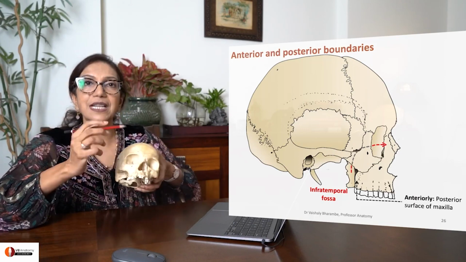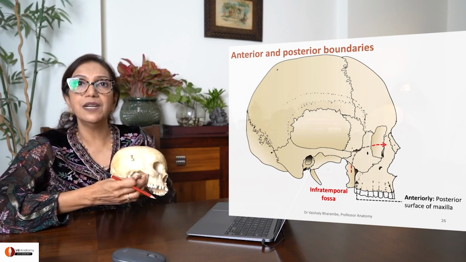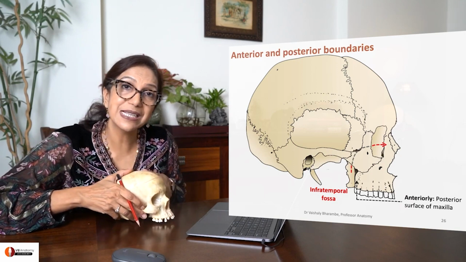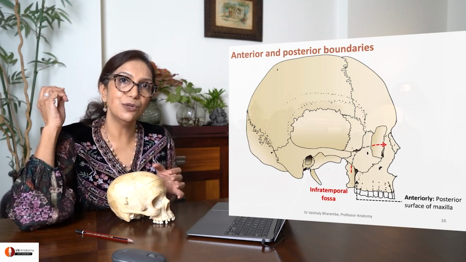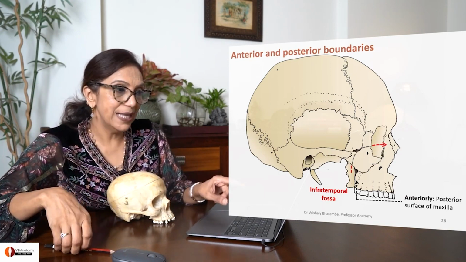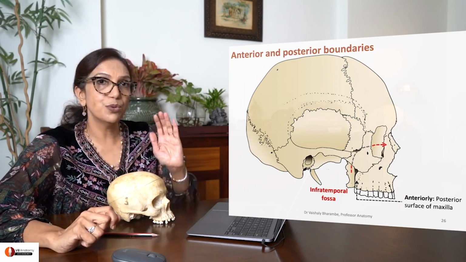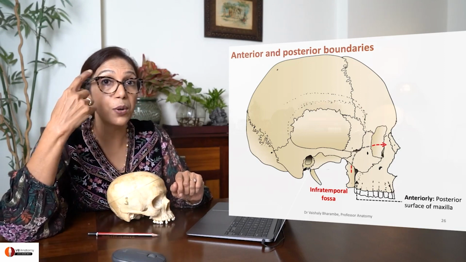Inferiorly, you will find that there is a clear fissure, which is communicating down with the infratemporal fossa. This is for you to do on the skull. It's fine for me to keep showing it to you here, but unless you see it on the skull yourself, you won't understand. So, this space, infratemporal fossa, communicates superiorly through the inferior orbital fissure with your orbit.